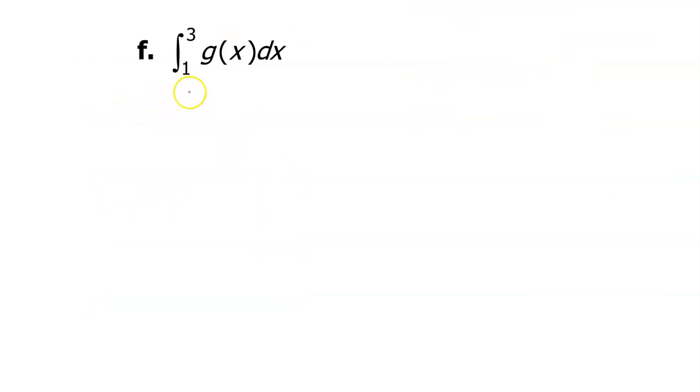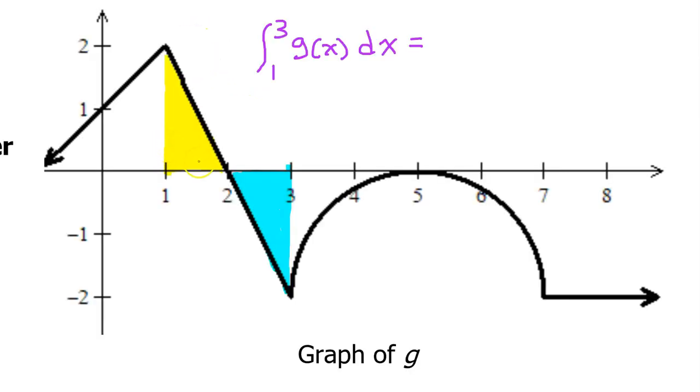One more. Let's do the integral of g from 1 to 3. This shaded area represents the integral of g from 1 to 3. Notice that the yellow area above the x-axis is positive, and this blue area below the x-axis is negative. So we can think of the integral from 1 to 3 as the sum of these two areas.